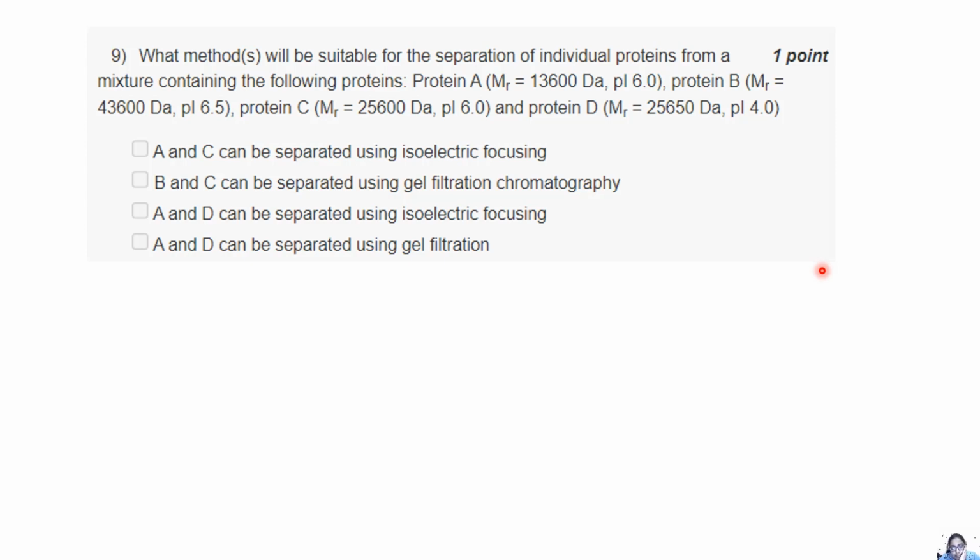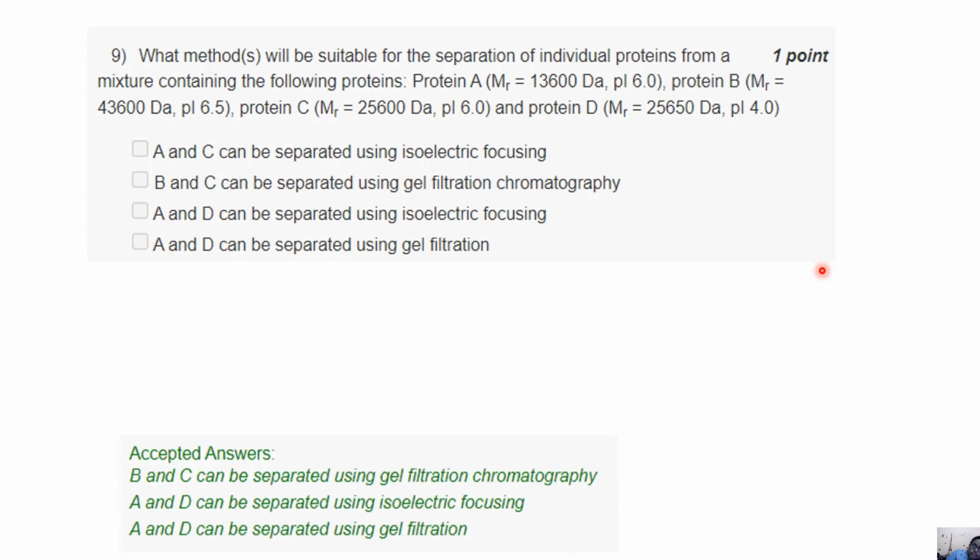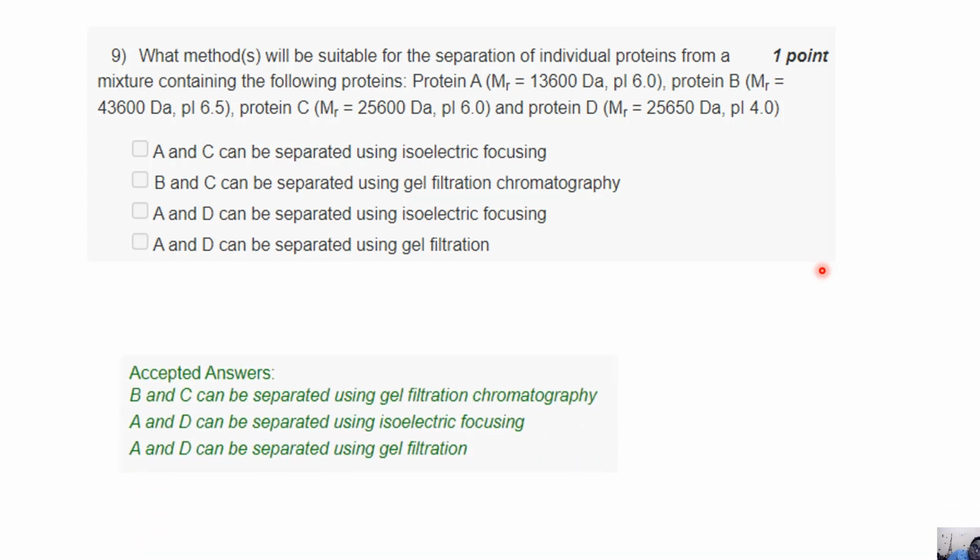Okay, so we'll discuss a little about the principle of both these techniques, isoelectric focusing and gel filtration chromatography, and then we'll move ahead. The answer for this will be B and C can be separated using gel filtration chromatography, because the principle works on size.